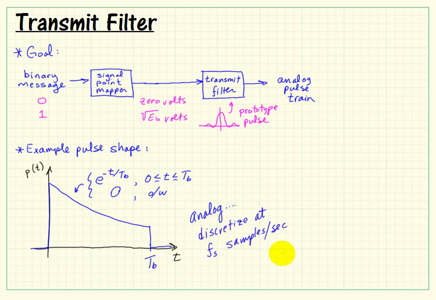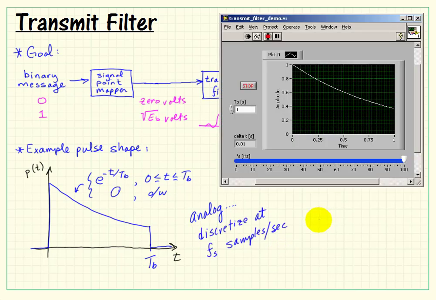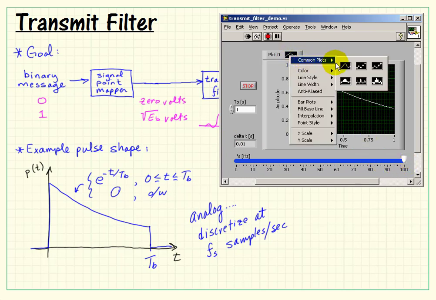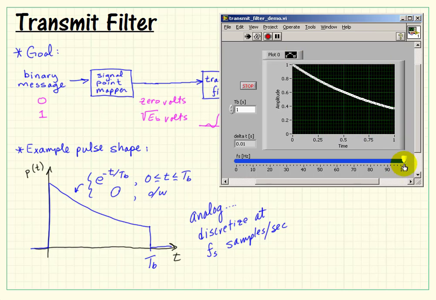So we can think about this as being an analog signal, but in a digital type system we need to discretize this at our sampling frequency of f sub s. So I'm looking at this exponential shape, and I can vary my sampling frequency in a fairly continuous fashion, and I'm also displaying the reciprocal of frequency, which we call the delta time, or you could also think of that as the sampling interval.